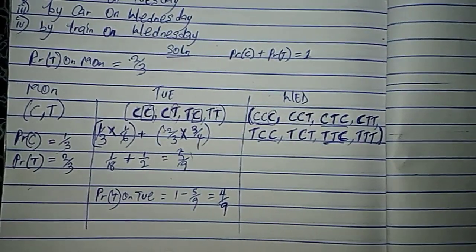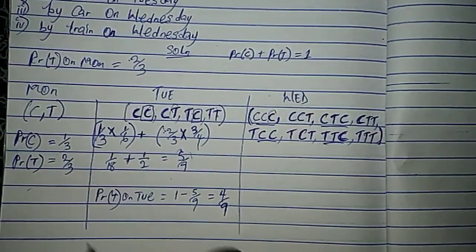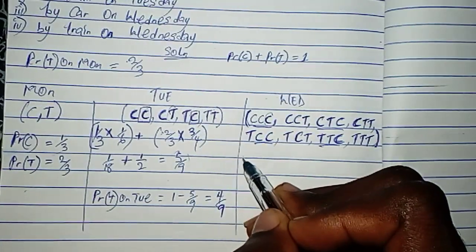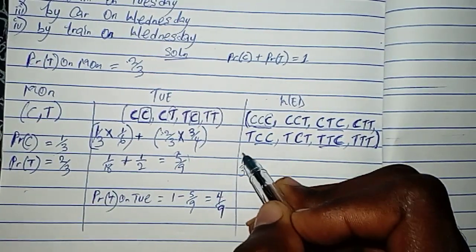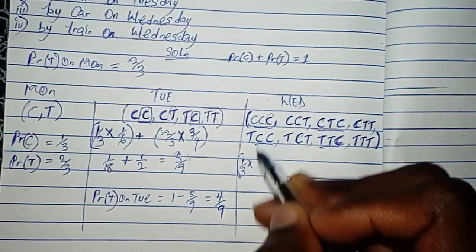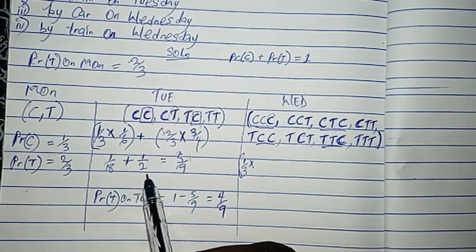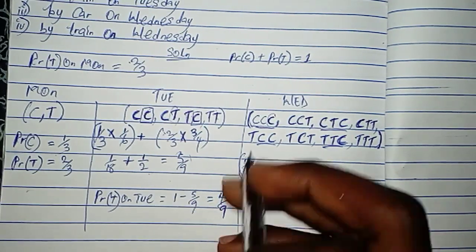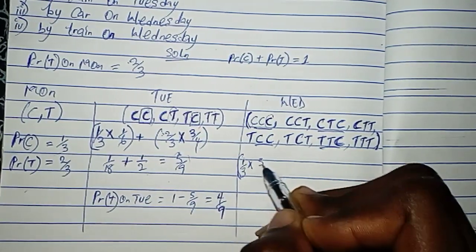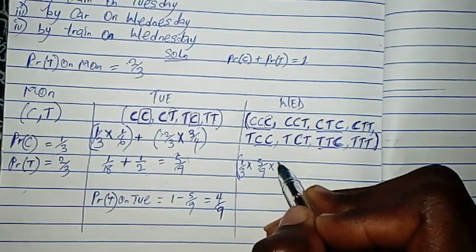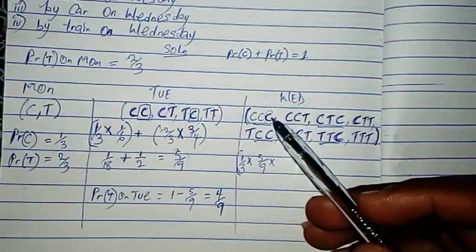Now, what is the probability of him traveling by car on Monday? That is 1 over 3. This is in the bracket, times. What is the probability of him traveling by car on Tuesday? This is him traveling by car on Tuesday, which we found here. And that is 5 over 9 times. Now, we don't know the probability of him traveling by car on Wednesday.